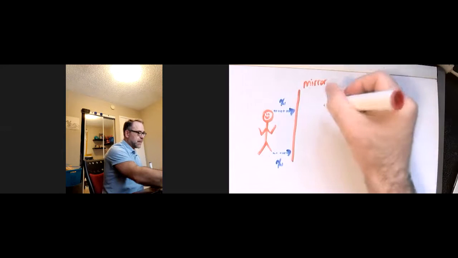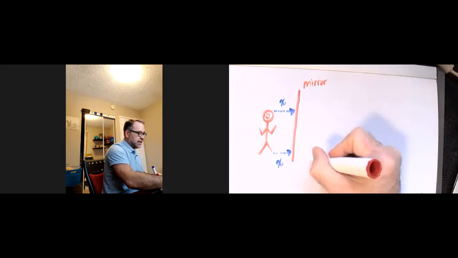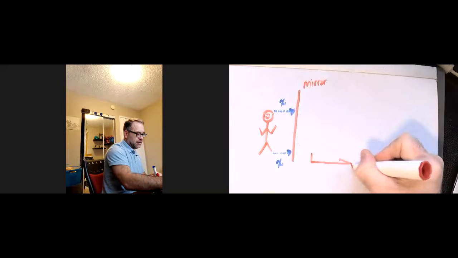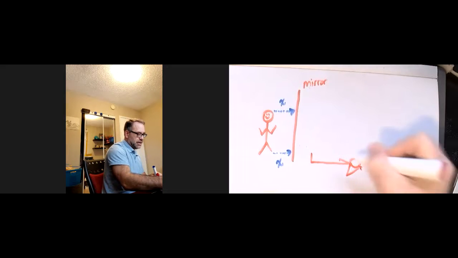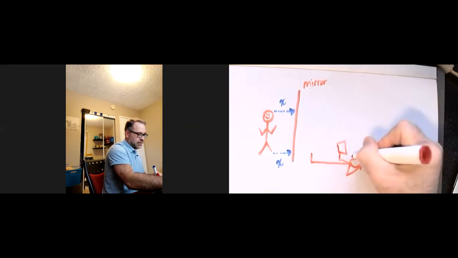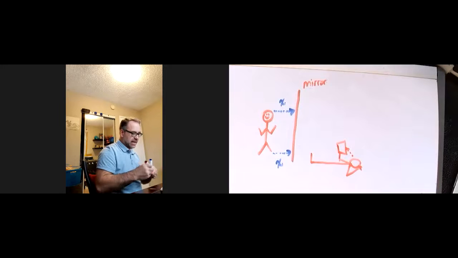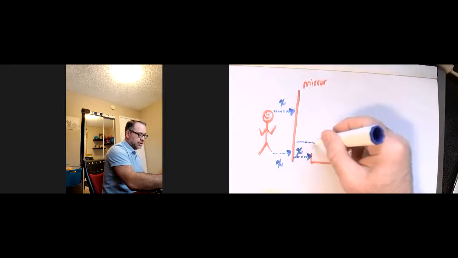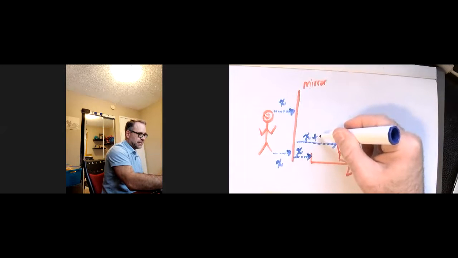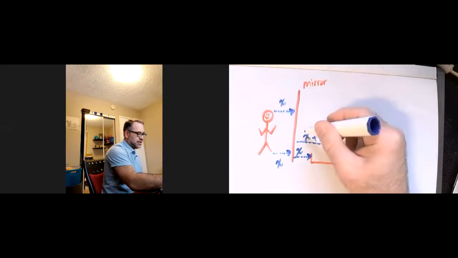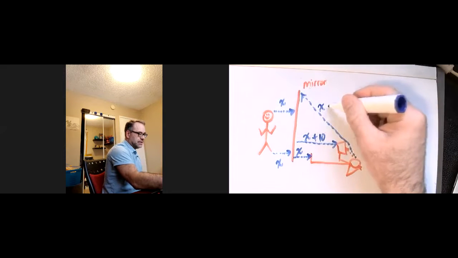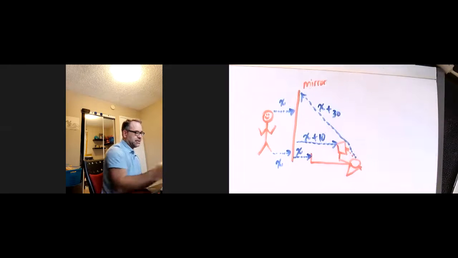But if we have a person, let's say, who is lying down on the floor, kind of relaxing, hand behind their head, reading some of my notes or something like that, then all of a sudden you think about the distance from the feet, we'll call that X, and the distance from the book is X plus, let's say, 10 centimeters, and the distance to the top of the mirror, let's say, X plus 30 centimeters.